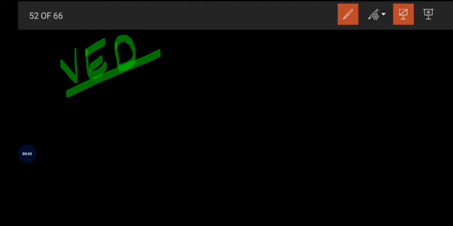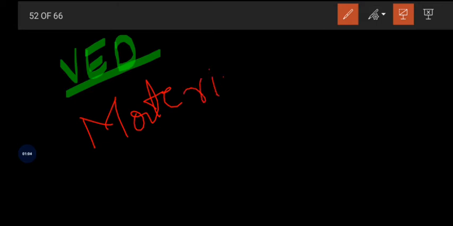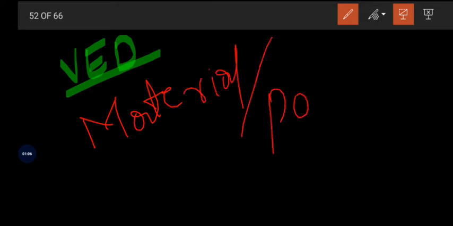The only difference is that vital, essential and desirable analysis, or VED analysis, finds out which material. See the difference between the VED analysis and ABC. Under this VED analysis, it only finds out which materials and which parts are valuable.